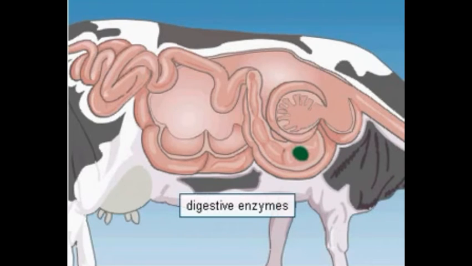From the omasum, the condensed digesta passes to the abomasum, the final chamber of the stomach. The abomasum, which is the proper stomach, secretes enzymes to initiate the digestion of proteins released from plant cells, and also proteins of bacteria and ciliates found in the rumen.